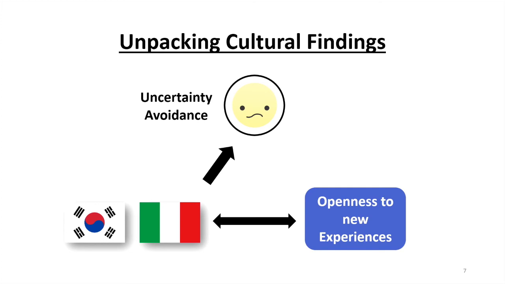They have less avoidance of uncertainty. Whereas people in Korea, again, totally made up, maybe they have high anxiety and stress around uncertainty. And therefore, in their culture, everything is more rigid and structured, and they tend to avoid uncertain things. And maybe that is why you see this difference in openness to new experiences.